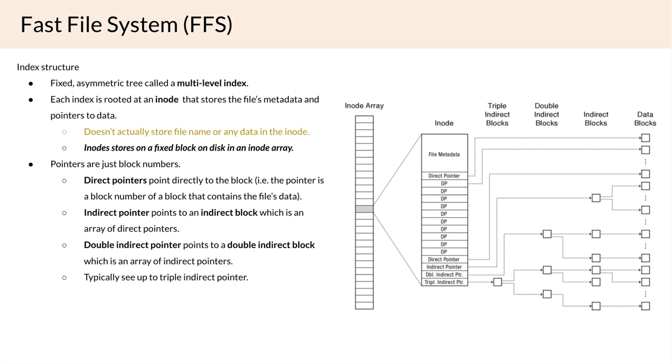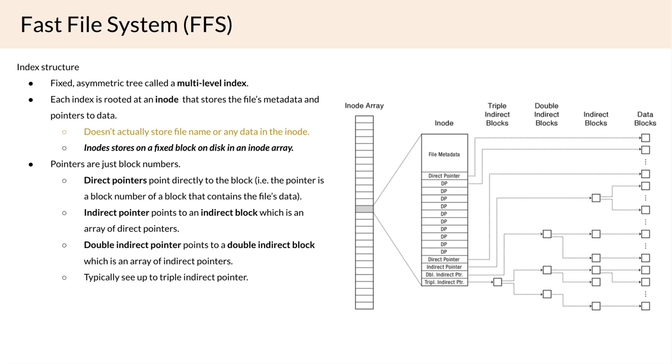So why wouldn't we just have a bunch of direct pointers in the inode instead, if indirect pointers, and thus doubly indirect and triply indirect pointers, have more disk accesses associated with them? What is the actual benefit of having an indirect pointer? Well, if we had a ton of direct pointers instead, we would also have to make our inode a lot bigger, and we don't want to make inodes that big.